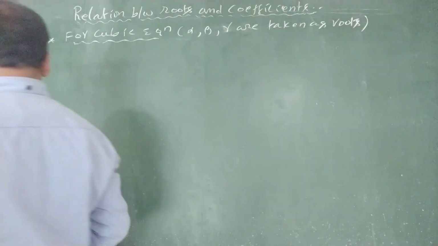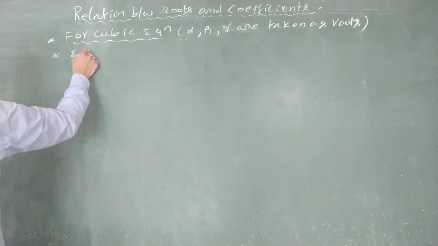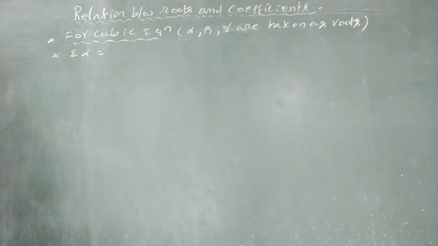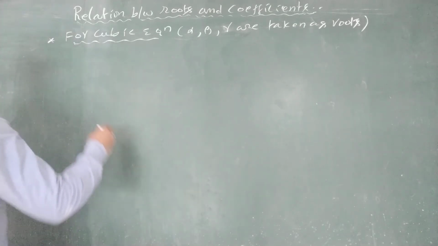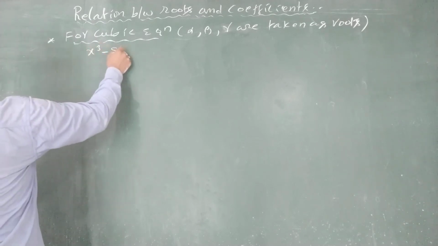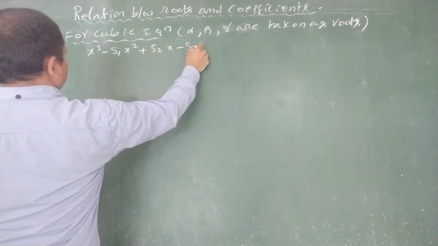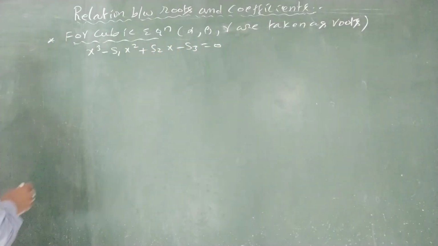Then the cubic equation is x cube minus s1 x square plus s2 x minus s3 is equal to 0.